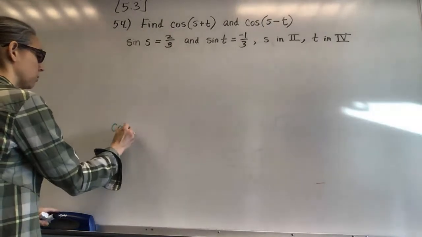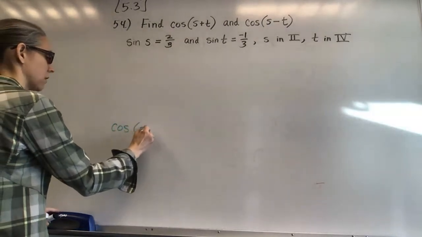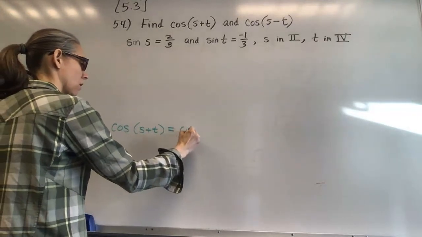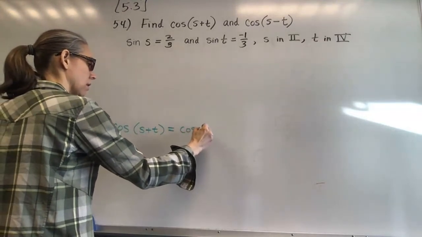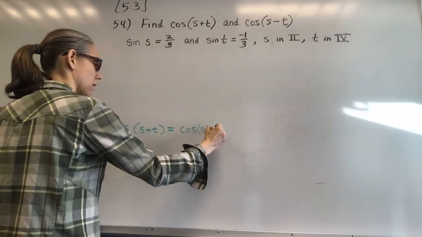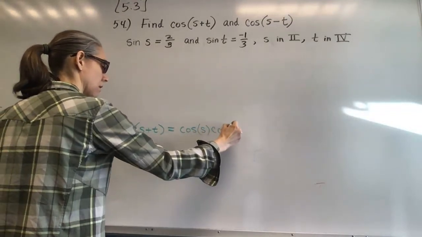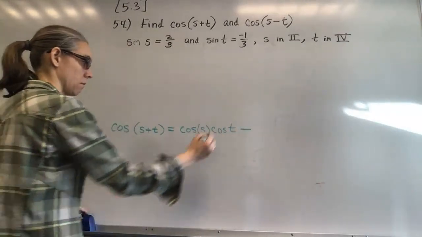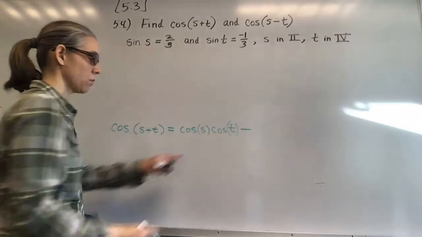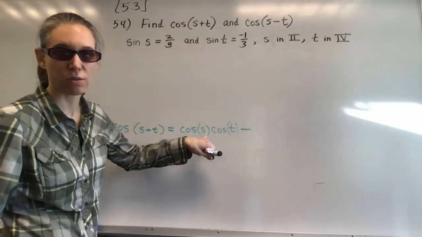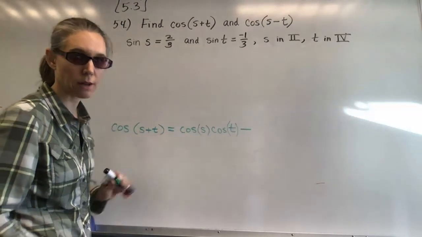The cosine of s plus t is going to be cos of s times the cos of t minus, these parentheses are not necessary, but it bothered me to have a cos and an s right next to each other, so that's why I did that.